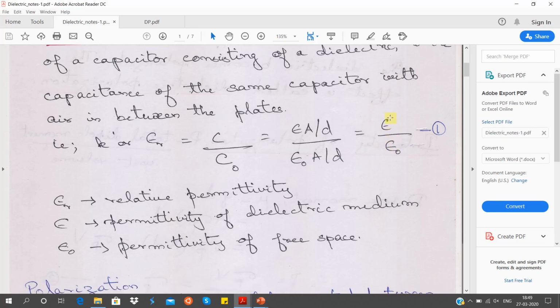The ratio we are getting, epsilon divided by epsilon naught, is nothing but the dielectric constant, or another term, relative permittivity. We call it relative permittivity. So during this entire unit of dielectrics, we will be referring to the representation epsilon r for the dielectric constant, or the relative permittivity.